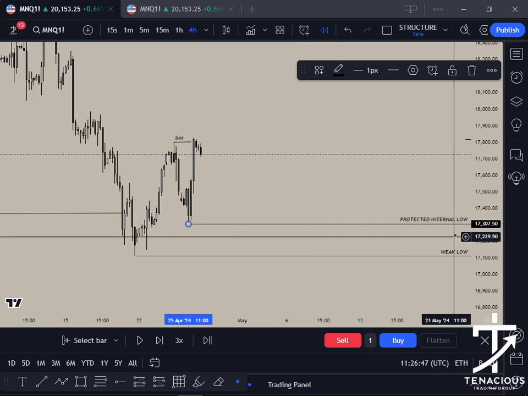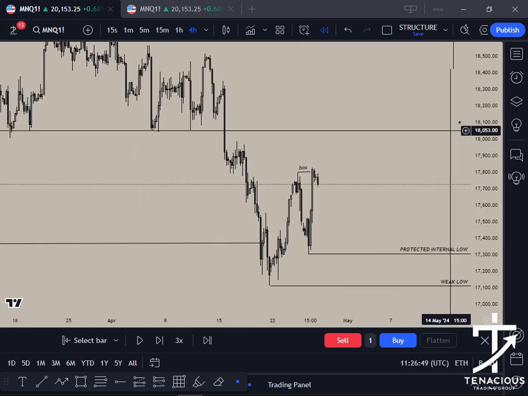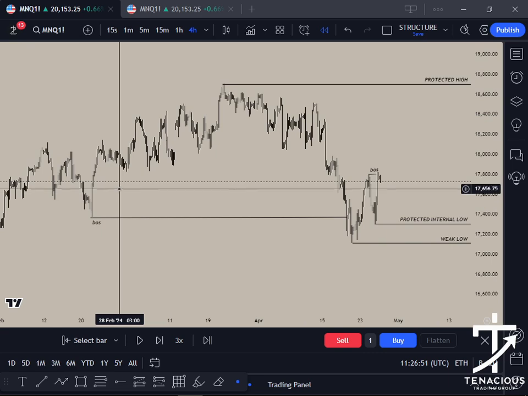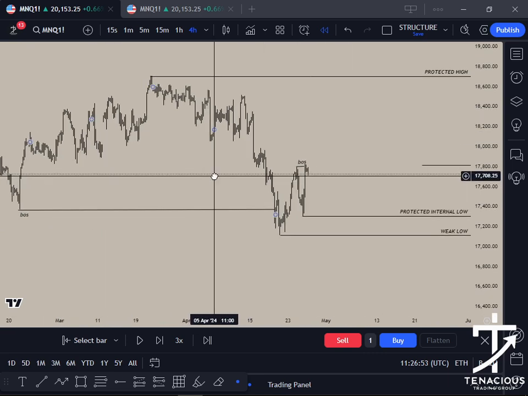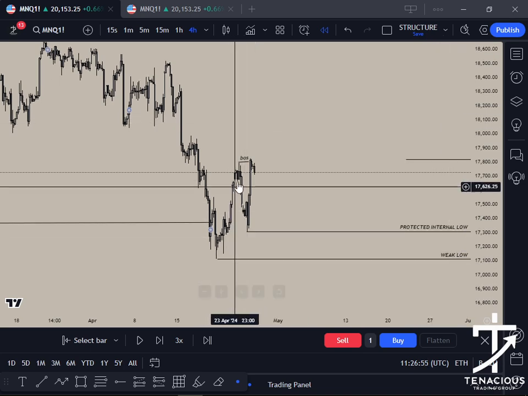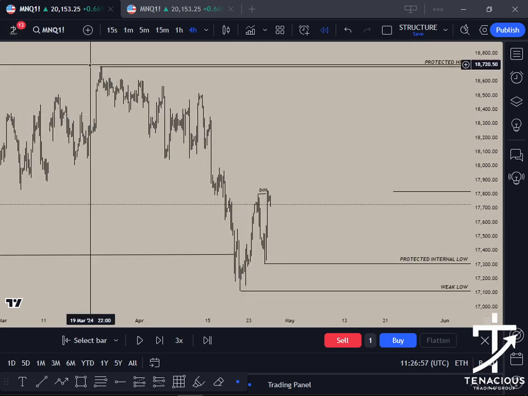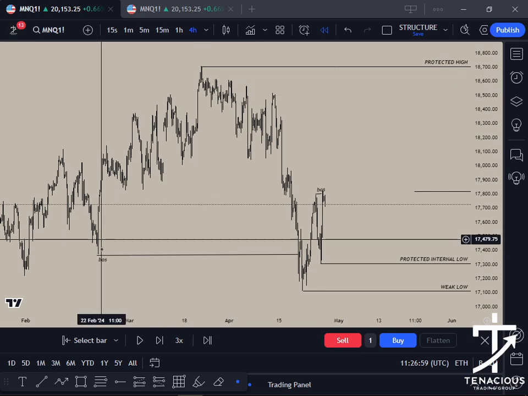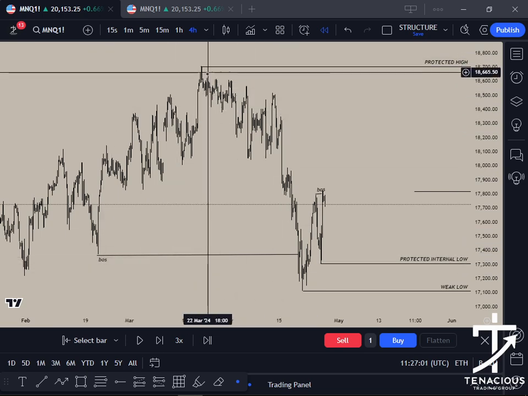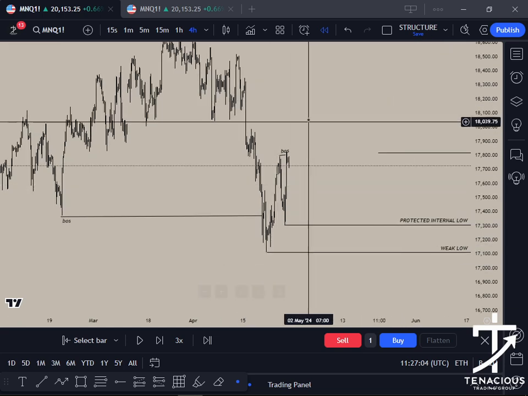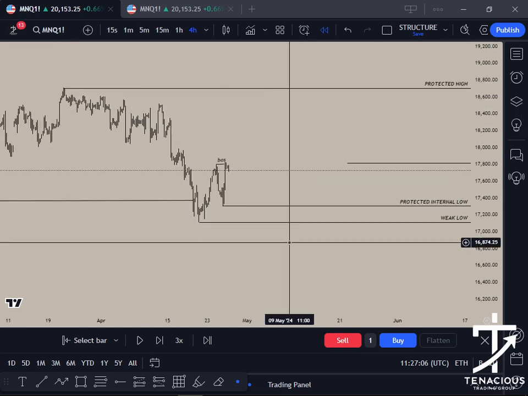You see, this is my protected internal low. So again, we broke structure on the 4 hour, and then internally we are pulling back. This is my protected high from the 4 hour break of structure, change of character, and this is the weak low. So that's my dealing range.